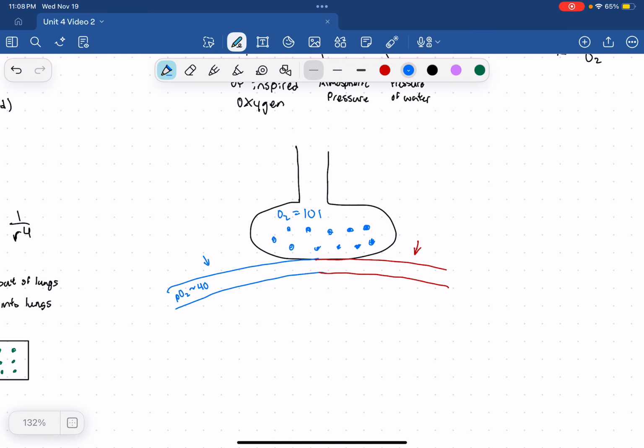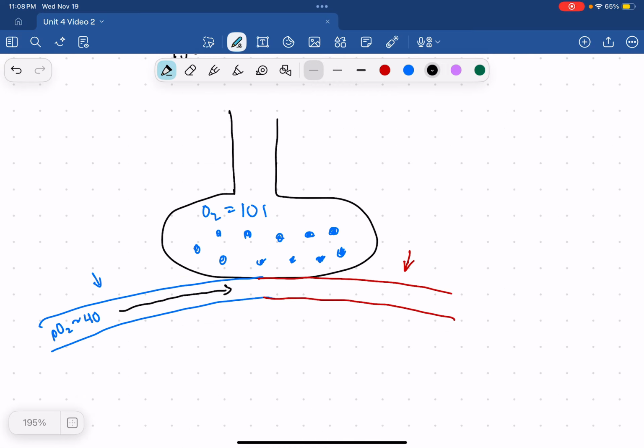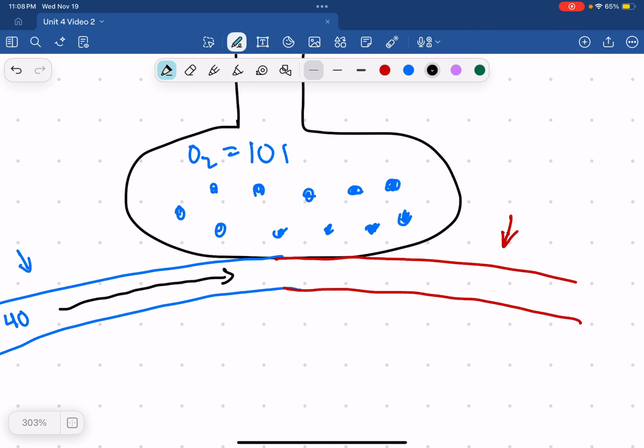It moves, so this oxygen is going to move through the bloodstream this way. The blood will move this way. And as it reaches the lungs it can do gas exchange, meaning oxygen can move out of the lungs and into the bloodstream here.